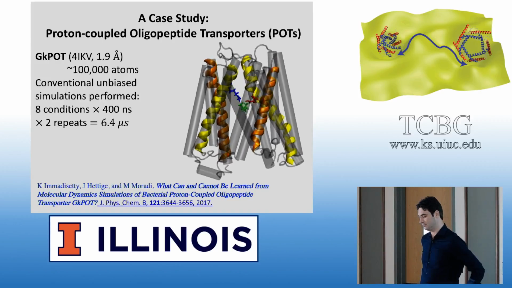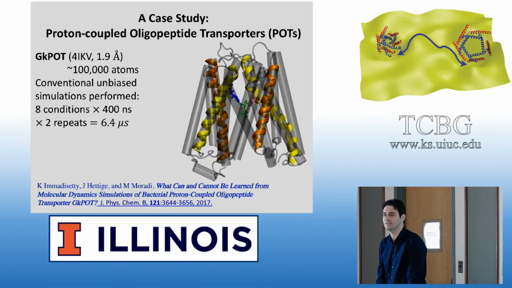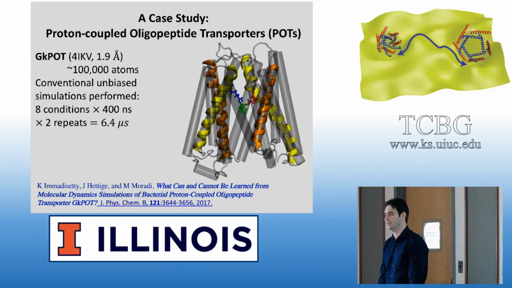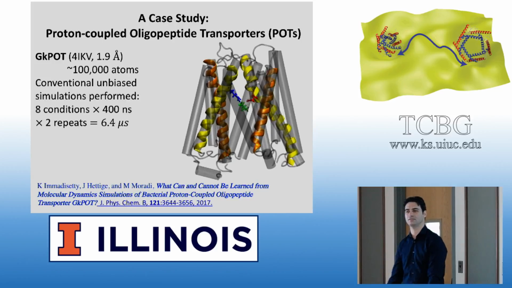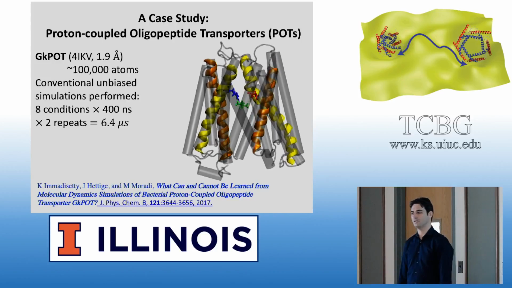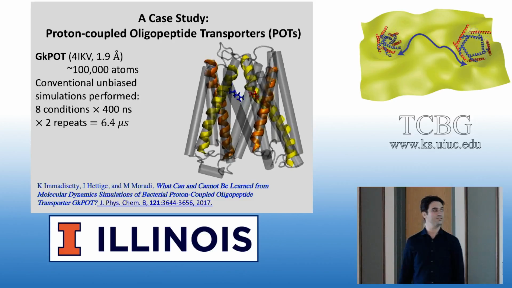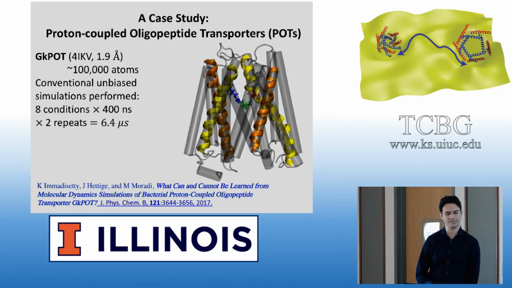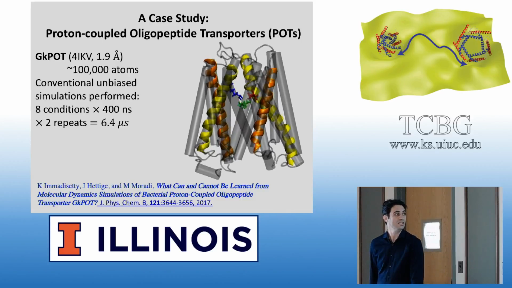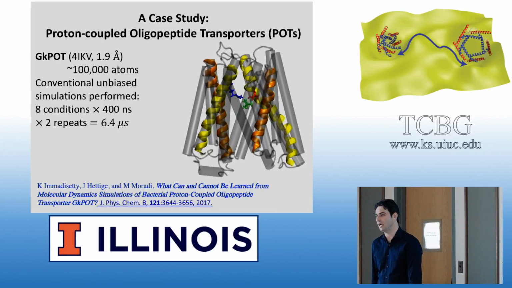Basically, in humans, it uptakes dipeptides and tripeptides, and is coupled to proton flow. That's the source of energy for it. So it's a very important protein, and we would like to see how it works.